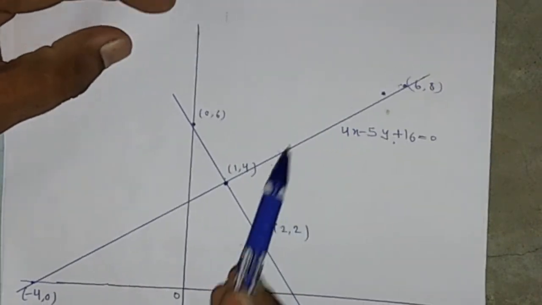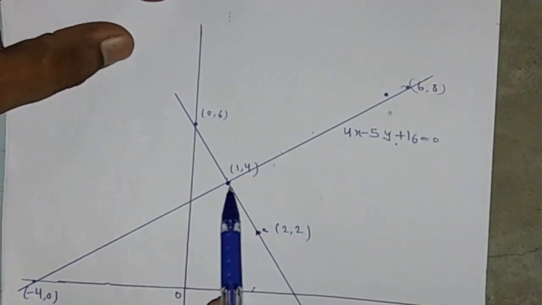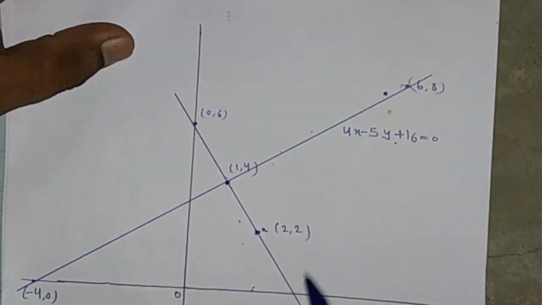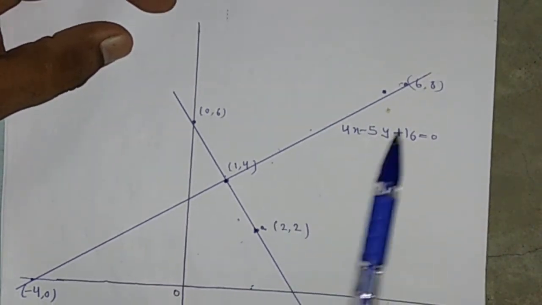Because on solving these two equations, at least one solution is possible. Therefore, these two equations form a consistent system.